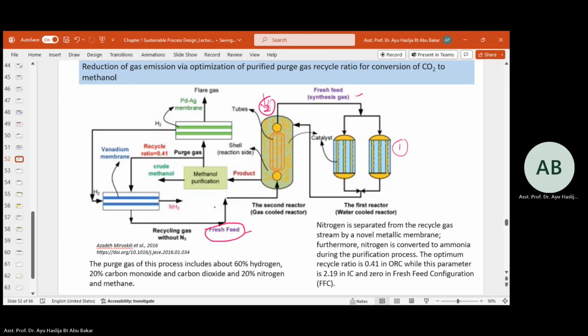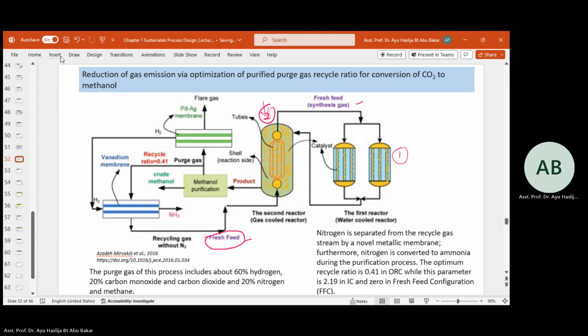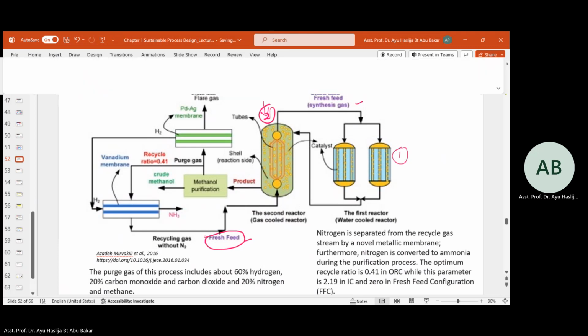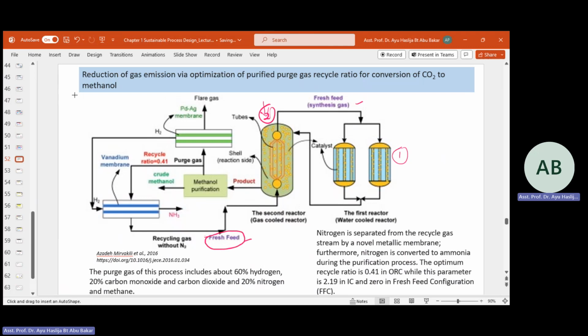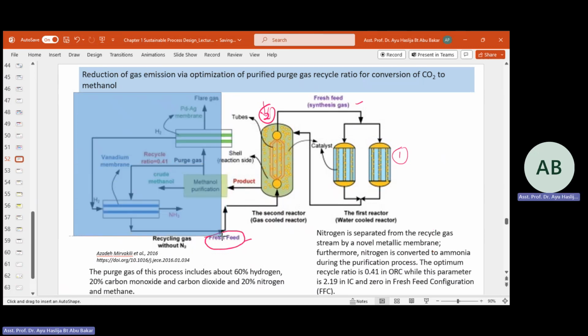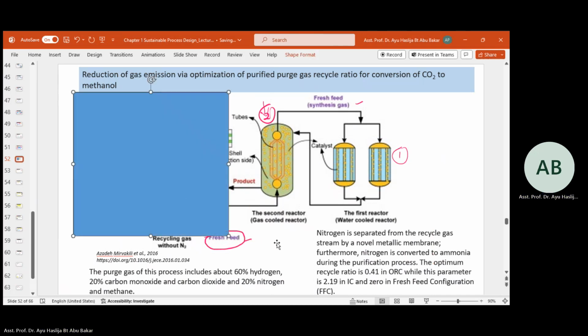Okay, before the recycle stream, this is the fresh feed. This is the influent before the recycle.